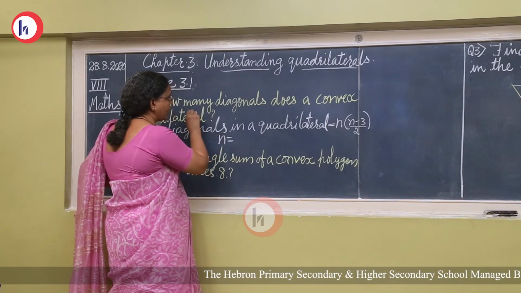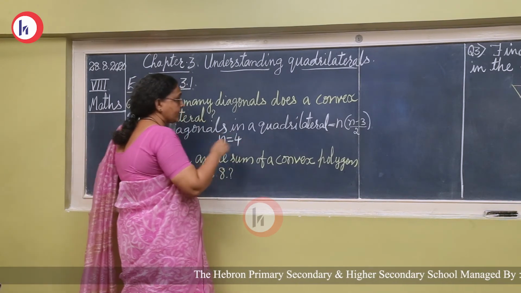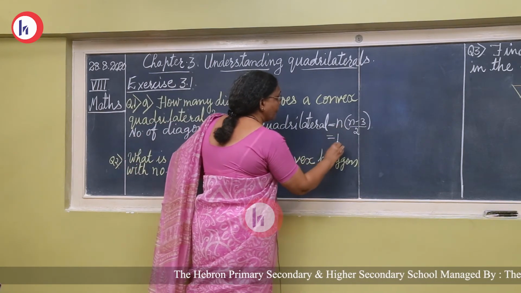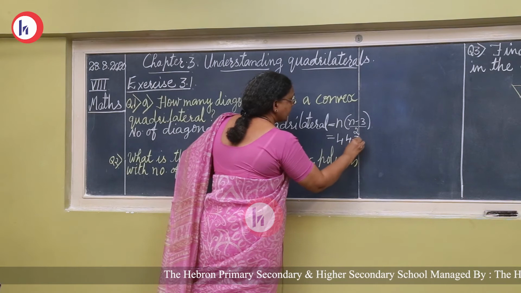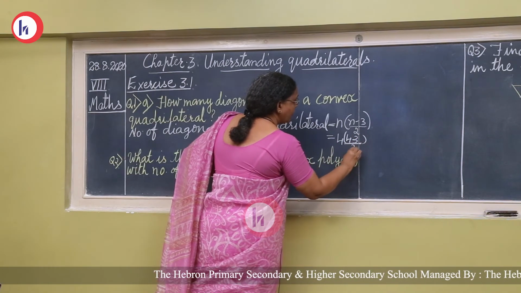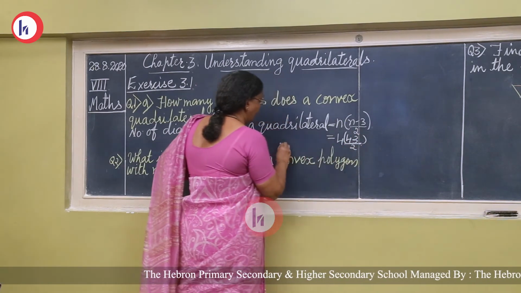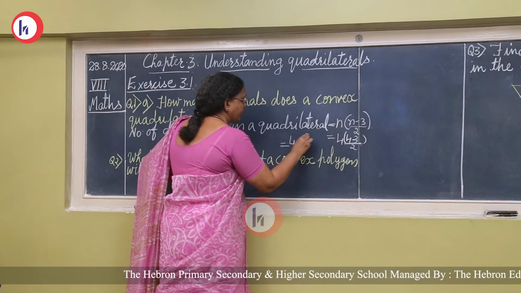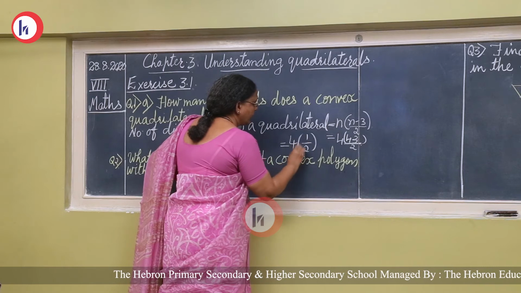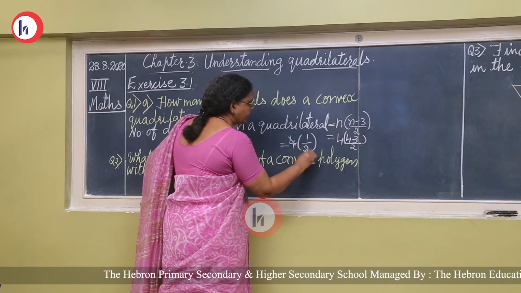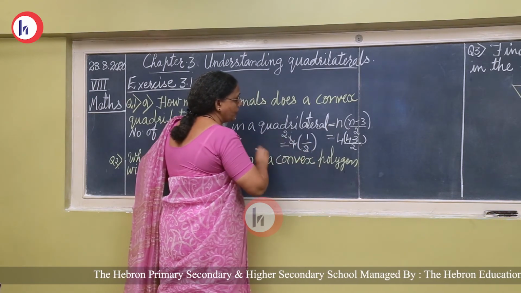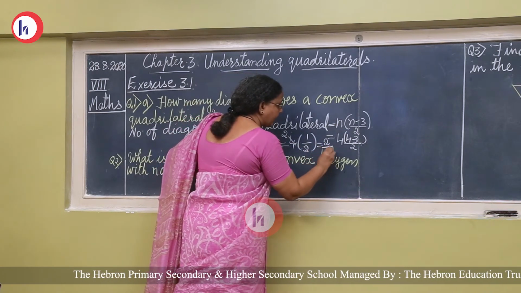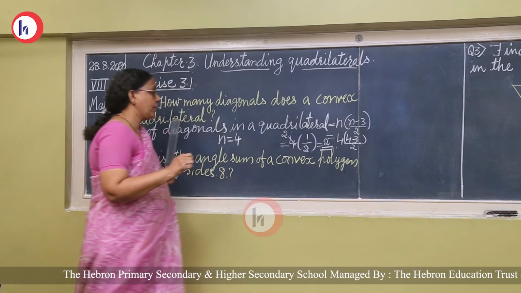How many sides does a quadrilateral have? It has 4 sides. So substitute the value of n, that is 4. Then 4 into 4 minus 3 upon 2, that will be equal to 4 into 1 upon 2. Now 4 can be cancelled with 2, that is 2 2s are 4. So number of diagonals of a quadrilateral is 2.